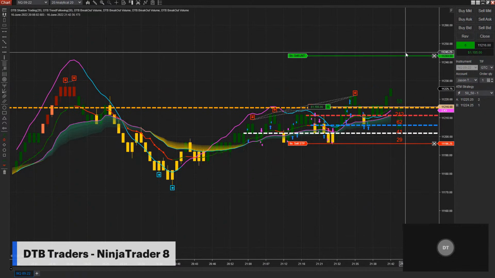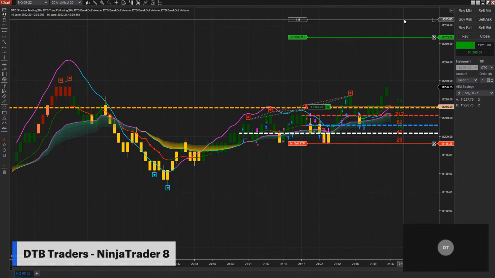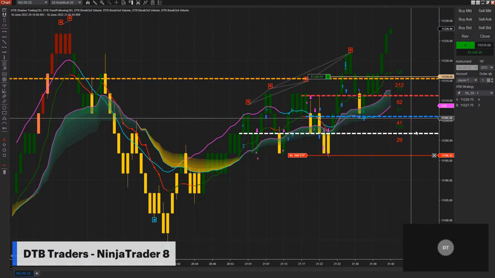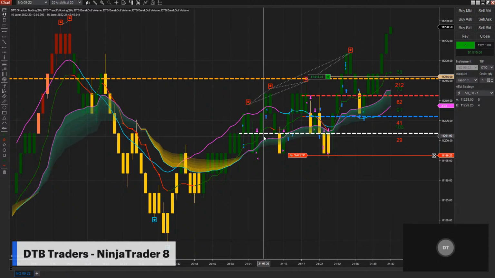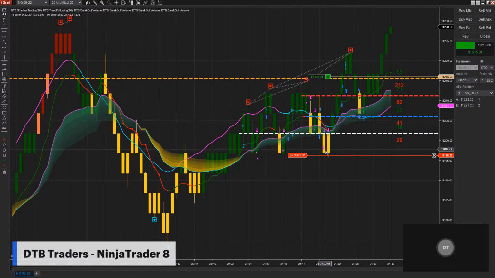So I have moved my target out of the way. I want my target to be far away from price because we finally got this breakout that we've been waiting for from these signals. We were caught out a little bit with the white, caught out with the price closing.